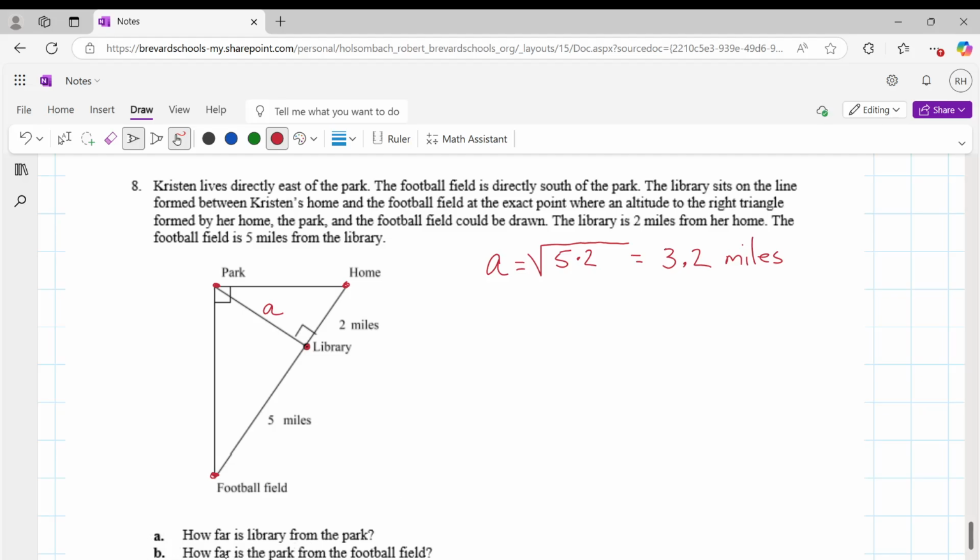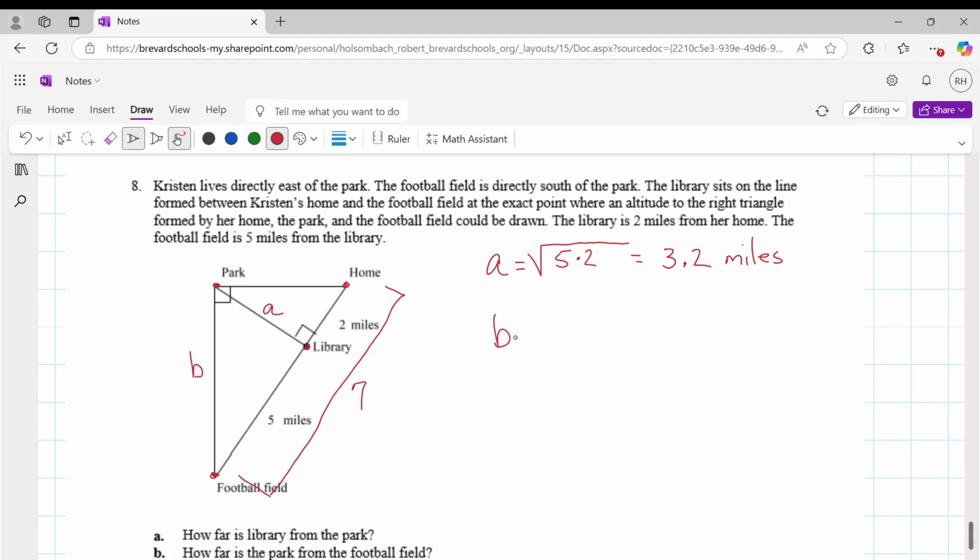Second part of the question, how far is the park from the football field? So park to football field. I'm going to call it B. That's a leg of a right triangle. We talked about this yesterday as well. So we need the length of this entire hypotenuse. So 5 plus 2 is 7.